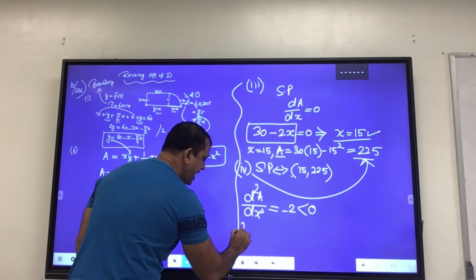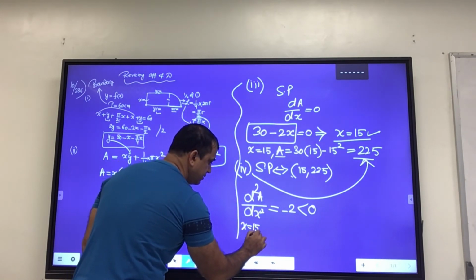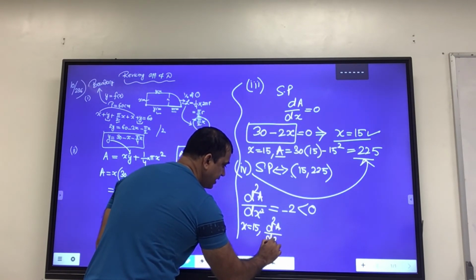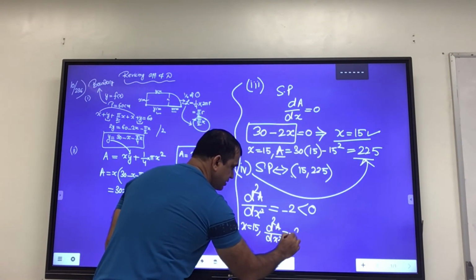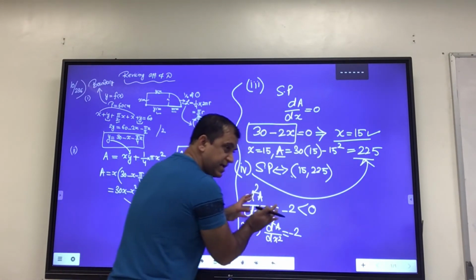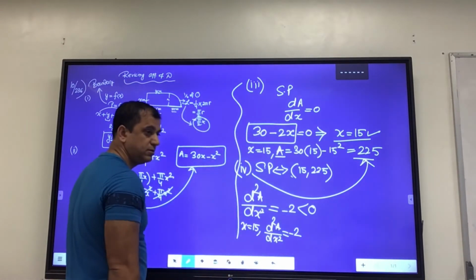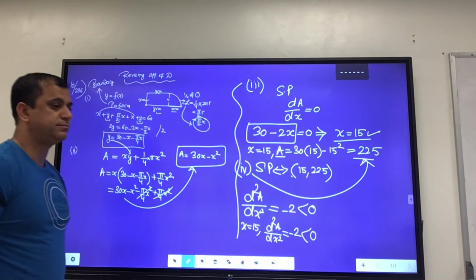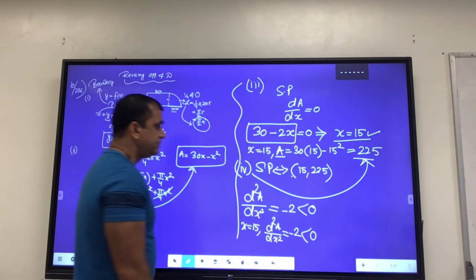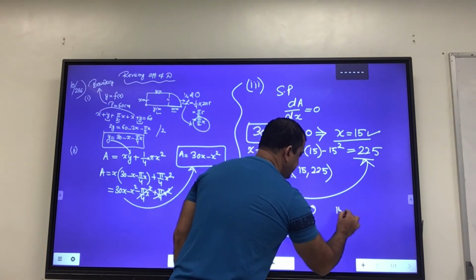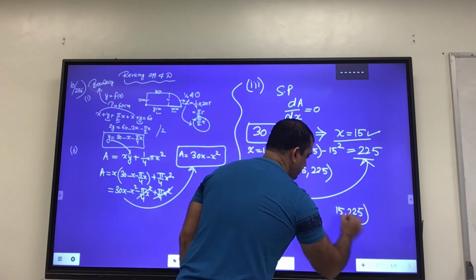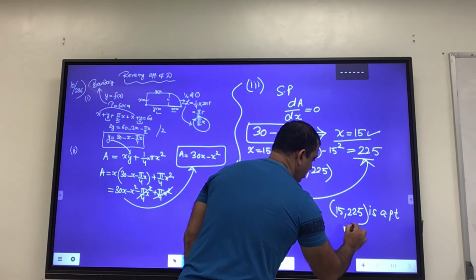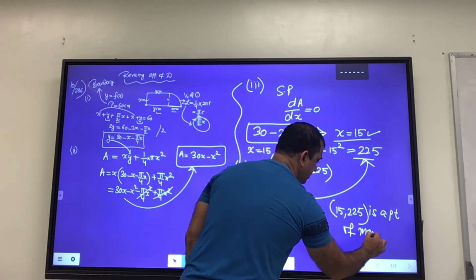If I plug in x equal to 15, still second derivative will be what? Second derivative is constant, it is still minus 2. Minus 2 being negative, this is max or minimum? Maximum. Definitely. So (15, 225) is a point of maximum.